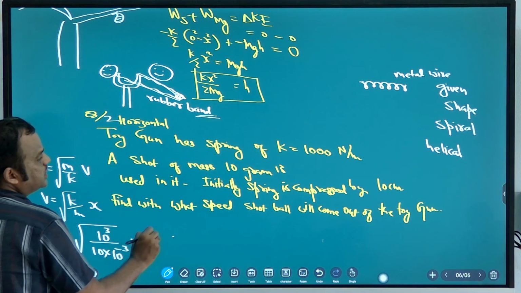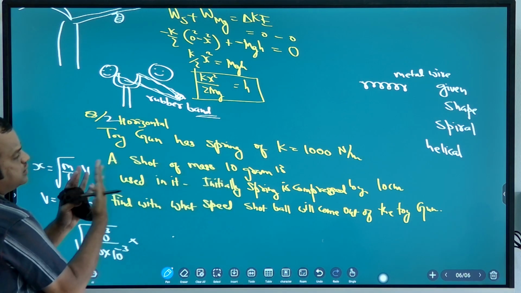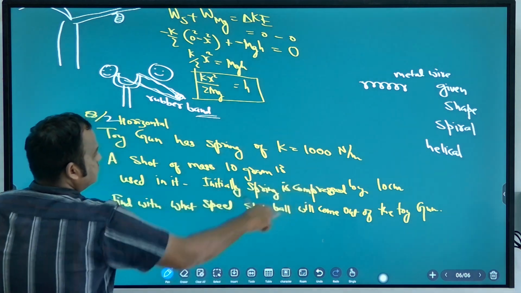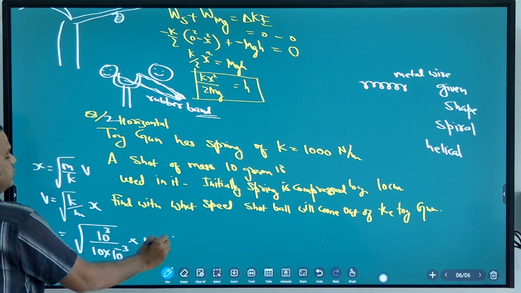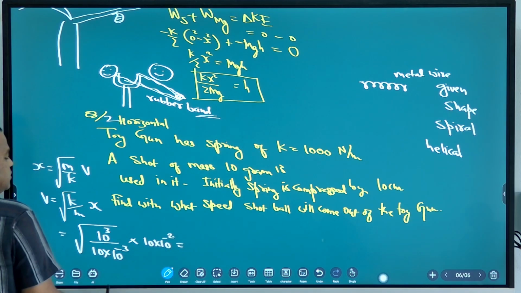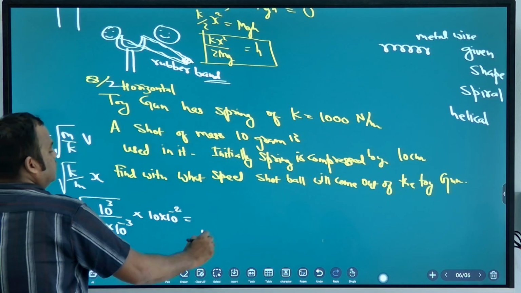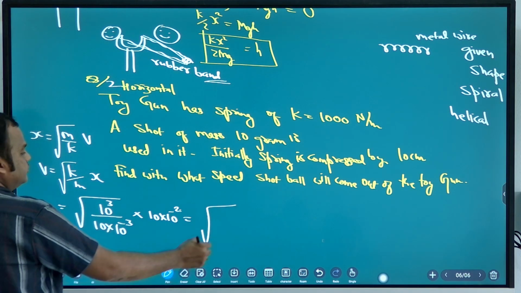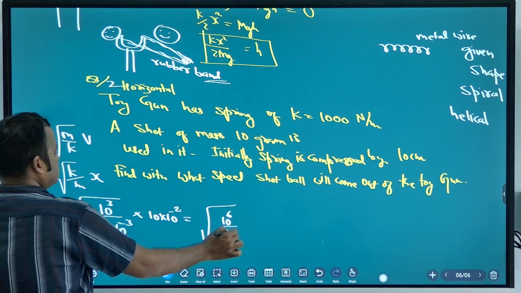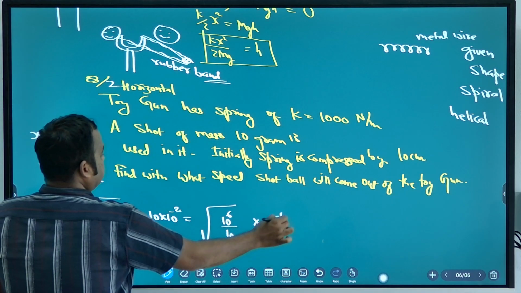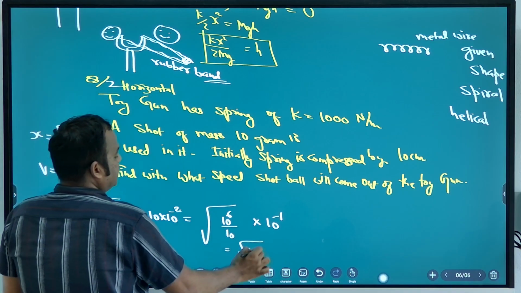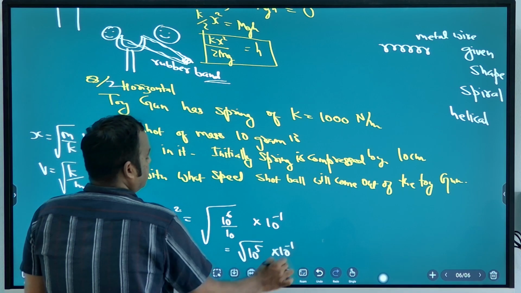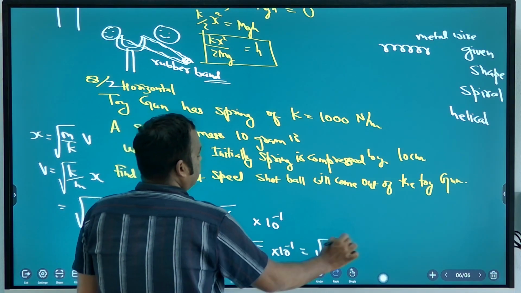X, how much compression? 10 centimeters, so 10 into 10 power minus 2. Now solve this. Square root of 10 power 6 by 10. This is 10 power minus 1. Square root of 10 power 5 into 10 power minus 1.